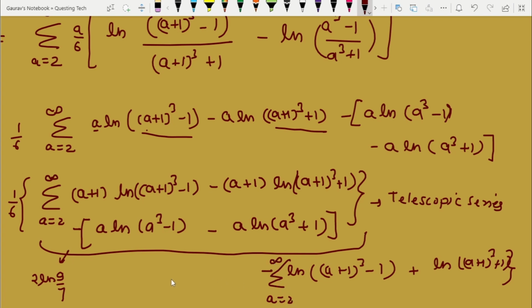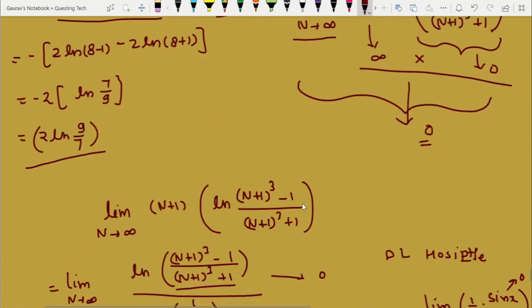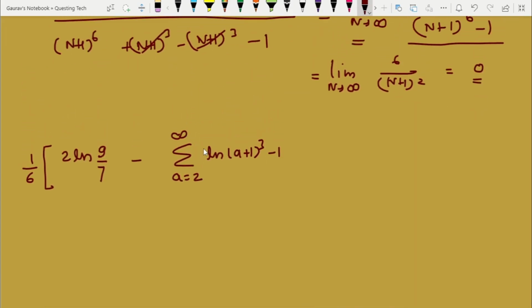Now what we have is 2 ln 9/7 minus this part. This minus is for the whole, so this is also minus. Minus 1, minus of ln (a plus 1) cube plus 1.